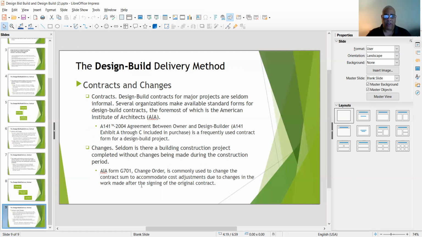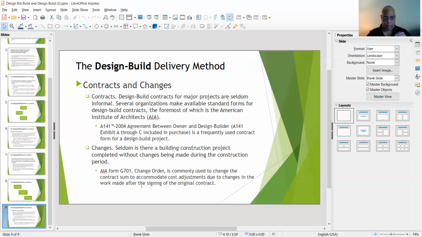And when it comes to changes, again, the language is the same as what you had in a DBB, design bid build. Seldom here, when it comes to the design build delivery method, is there a building construction project completed without changes being made during the construction period.